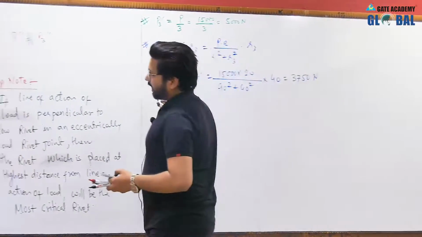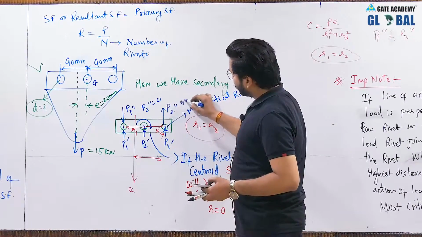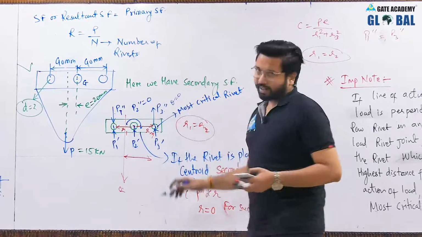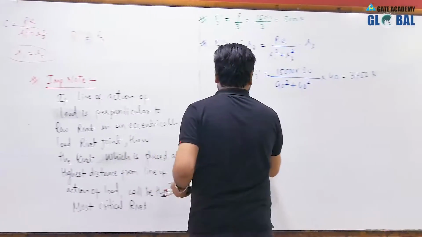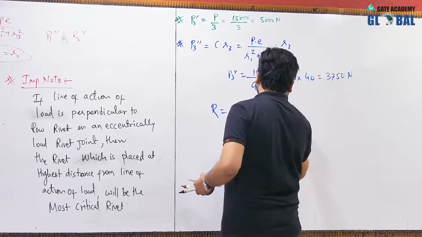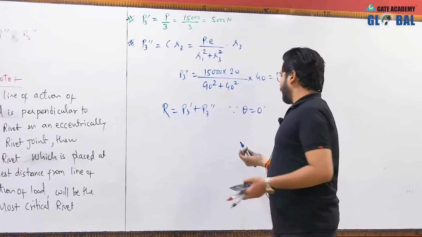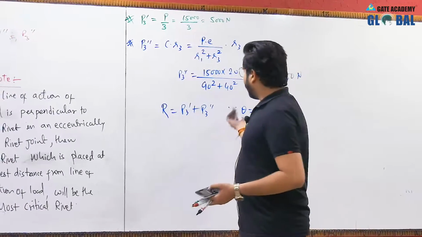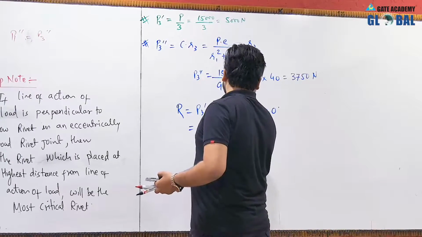Now as you can see, the angle between these two forces, primary and secondary shear forces, is theta equal to 0 degree. So they will get added; you can directly add these forces. The resultant force will be P3 dash plus P3 double dash, because theta is equal to 0 degree. If theta is not 0 degree, then you will be using the conventional formula.